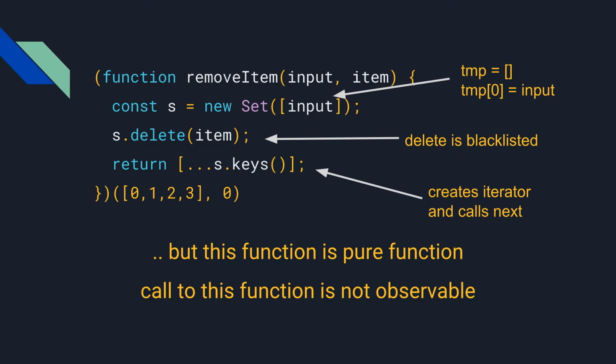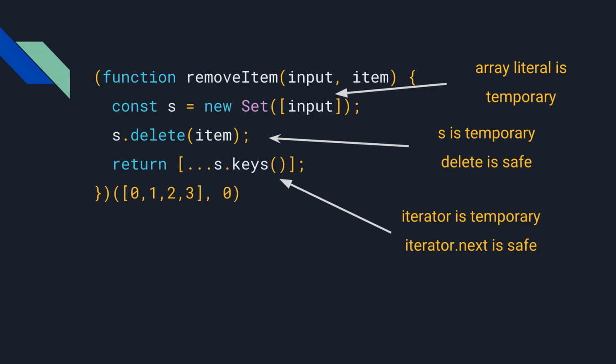So we can actually take a look at this function and see that the array literal here is temporary, and we can create this literal easily. We can call delete on the temporarily created set because the set is not leaked from this function and code outside cannot detect a change of the set. And we can actually create a temporary iterator to implement the spread operator and call this as well.